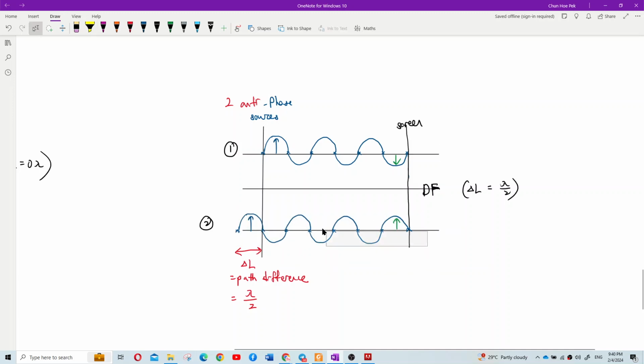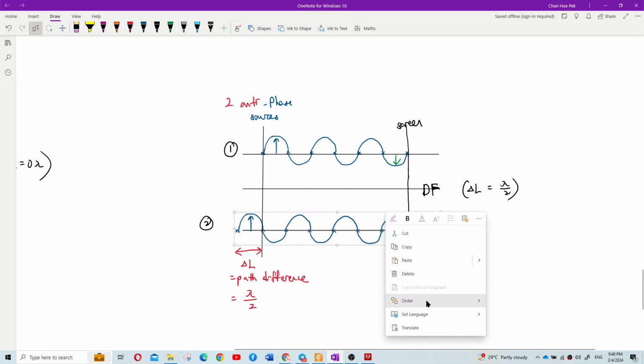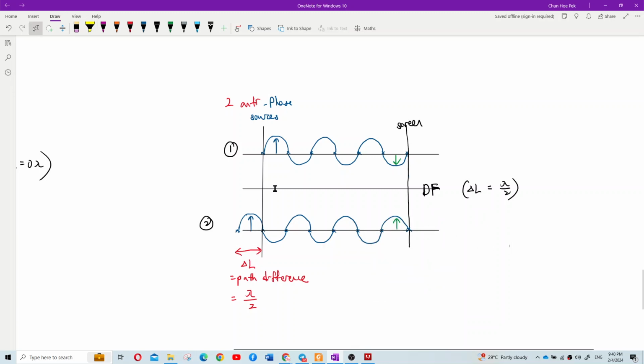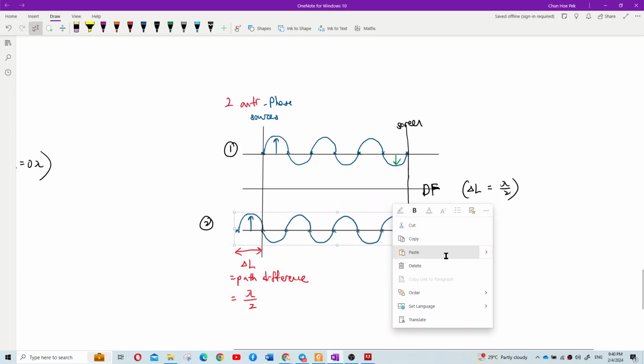Why like that? I cannot just select this part. Ungroup it. How to ungroup it? Yeah. So alright. Can I just select this part? I cannot. What happened, class? I cannot invert it. I cannot flip it, class.